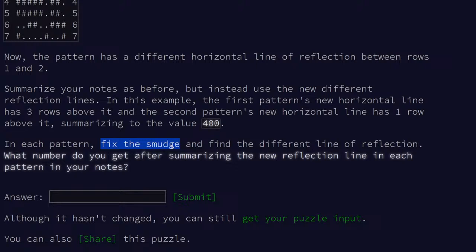We are seeing that there is always a fix and a different line of reflection.